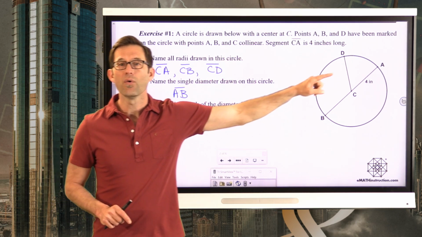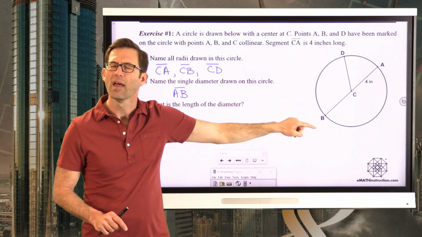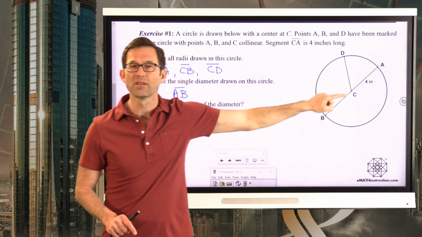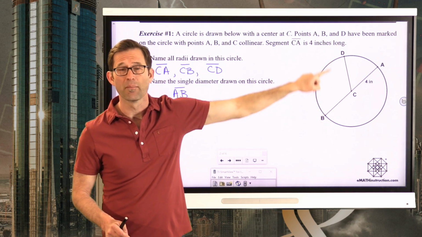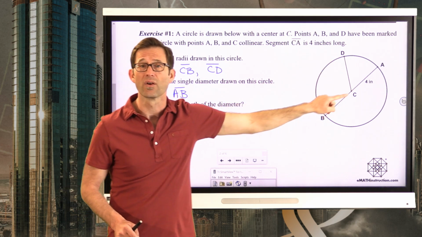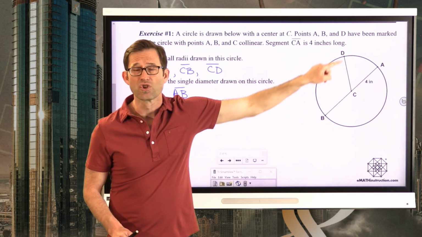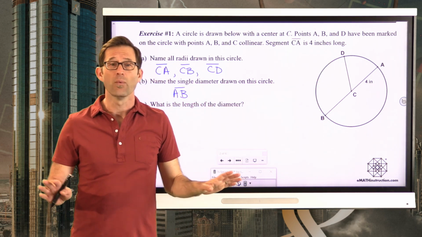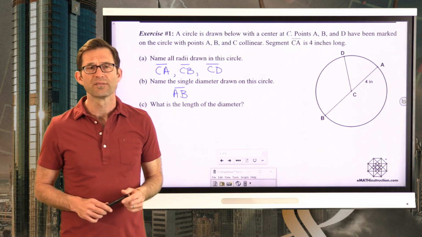If we didn't know that A, B, and C all lie in a straight line, then we couldn't really say that this was a diameter. Just like we couldn't say that BD is a diameter, because B, C, and D are not collinear, so there is no line segment, at least drawn, that goes directly from B to D. Anyway, it's pretty obvious that AB or BA is a diameter, so let's stick with that.